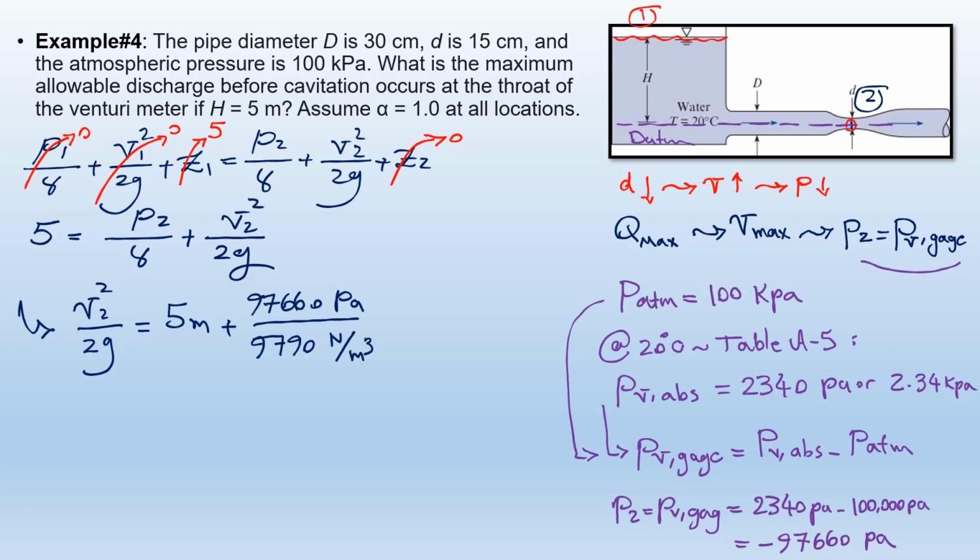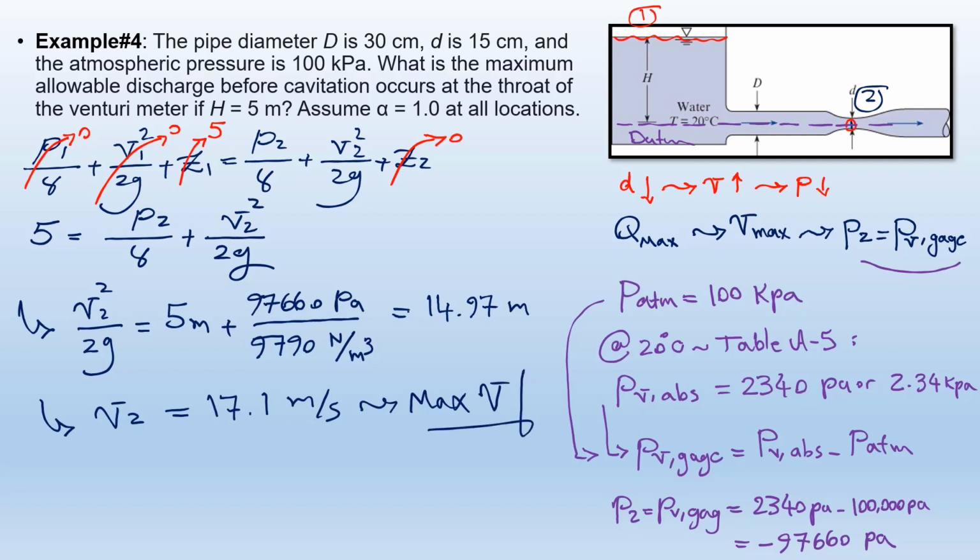And then from this I can calculate velocity squared divided by 2g to be 14.97 meters. And as a result of that, velocity at the throat of the venturimeter is equal to 17.1 meters per second. And this is the max velocity.